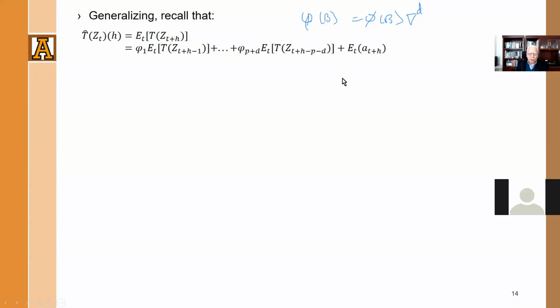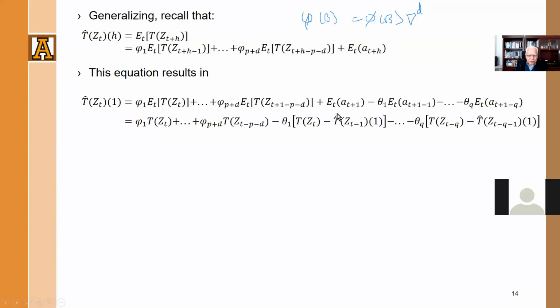Okay, so that's the conditional expectation, because we're talking about the optimal forecast, and then the conditional expectation of A_{t+h}, of course for h greater than or equal to 1, this will be 0. This expected value will be 0.